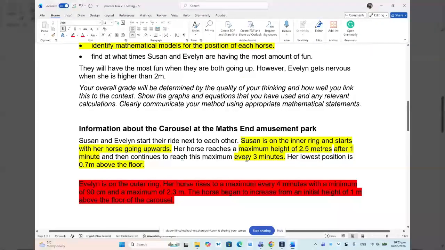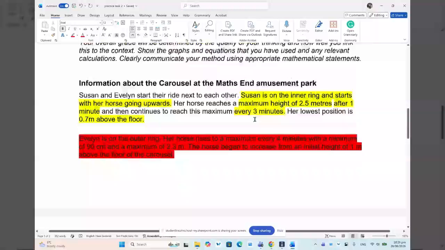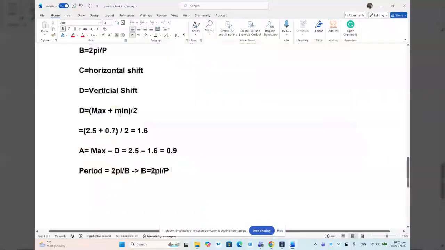A maximum to a maximum is the period. A maximum to a minimum is half the period, so we'd need to multiply that value by 2. But because it's a maximum to a maximum, that makes things easier for us. So b just equals 2 pi divided by 3.